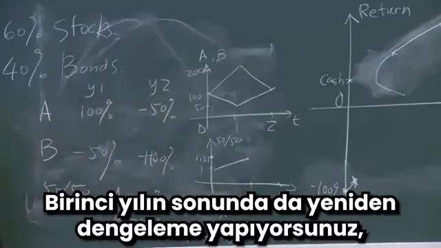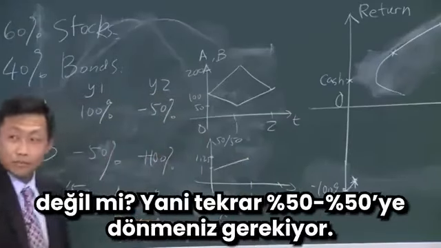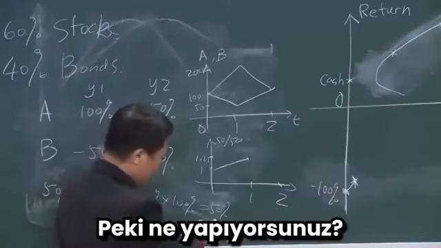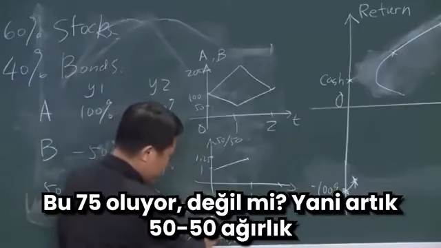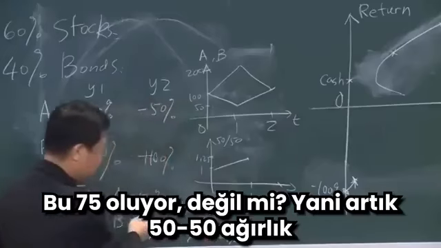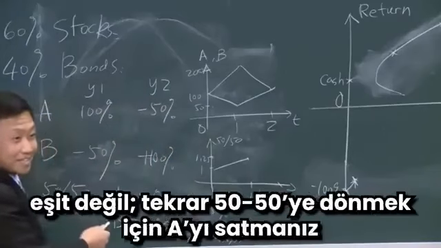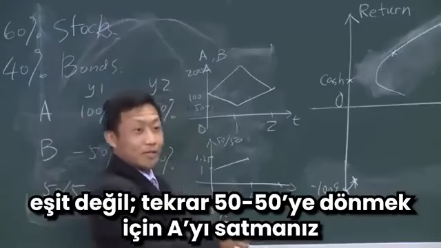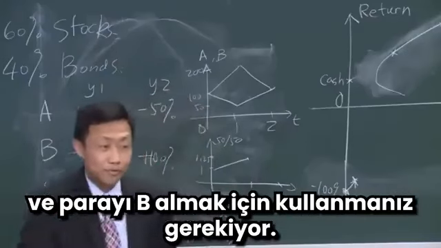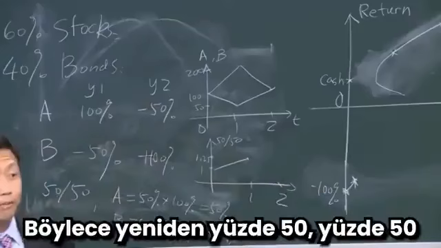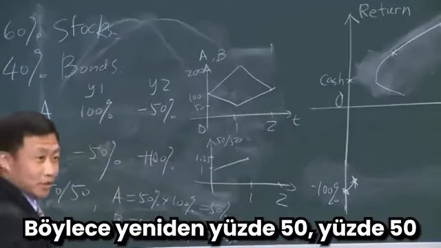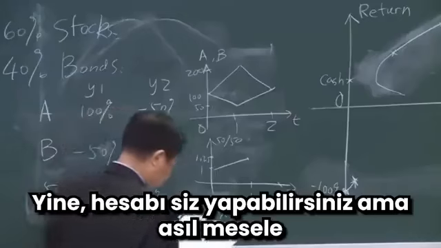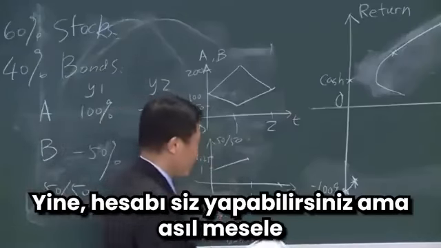Okay. So at the end of year one, you rebalance, right? You have to come back to 50-50. So what do you do? This becomes 75, so you no longer have equal 50-50 weights. You have to sell A to come back to 50 and use the money to buy B. So you have a new 50-50 weight. Again, you can figure out the math.